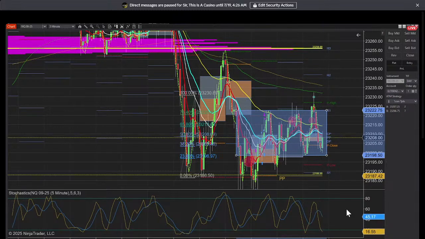I won't say that they don't work. I wouldn't call it a point of control box. I would call it more of the fair value box, because apparently the market thinks that everything inside this box is fair value.